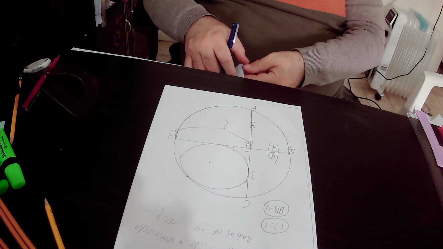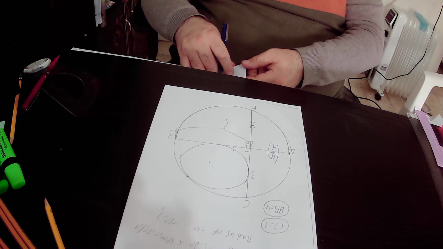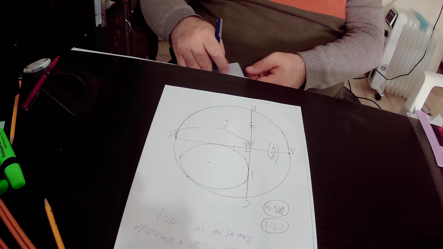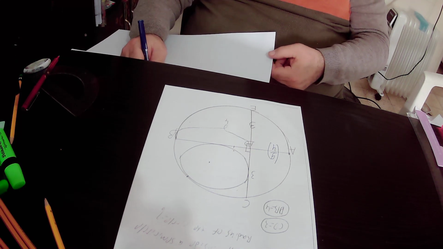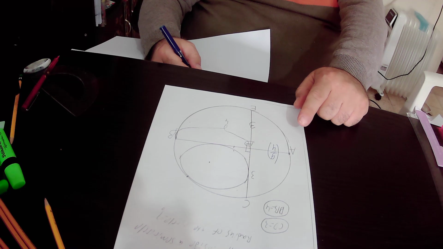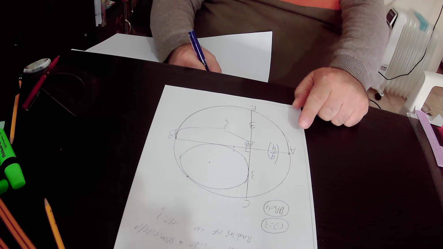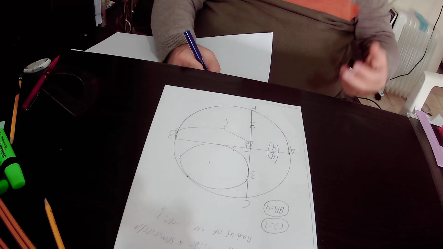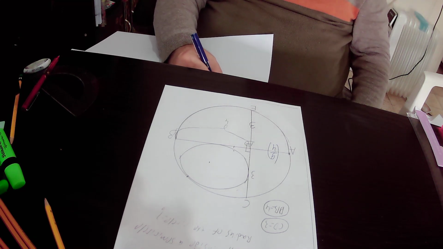We define capital R as the radius of the circle and of the semicircles.